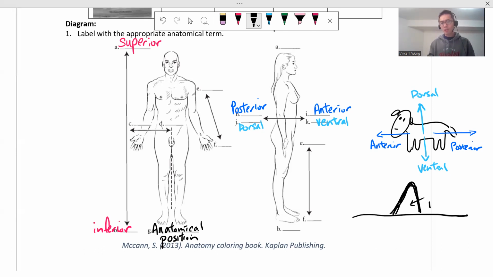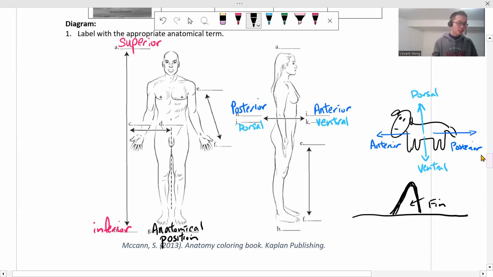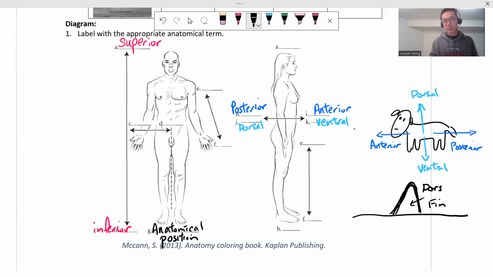So which fin is this? Do you know based on the terms that we just learned? Well, if you didn't know, dorsal. Yeah, the dorsal fin. That's right. Very good.